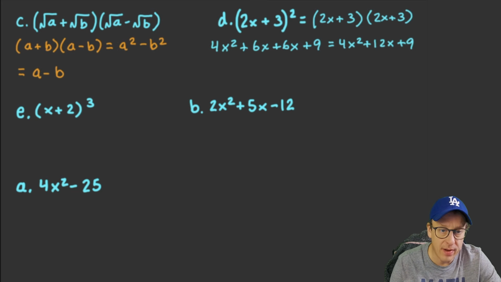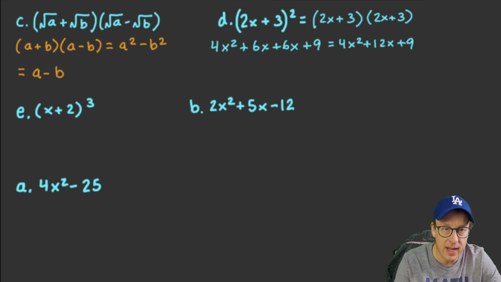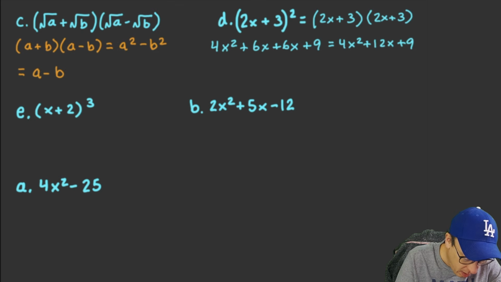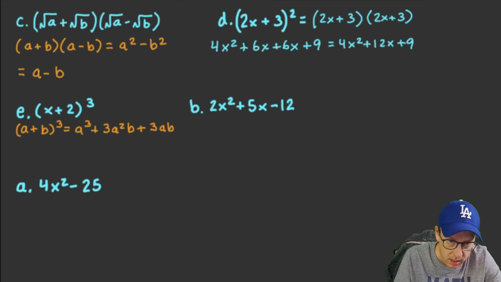Okay, so now what we have here is what's going to ultimately end up becoming a perfect cube. So anytime you see anything like that and you want to simplify down, you're going to need what's called the perfect cube formula. So that perfect cube formula is a plus b to the power of 3 is going to be equal to a to the power of 3 plus 3a squared b plus 3ab squared plus b cubed.